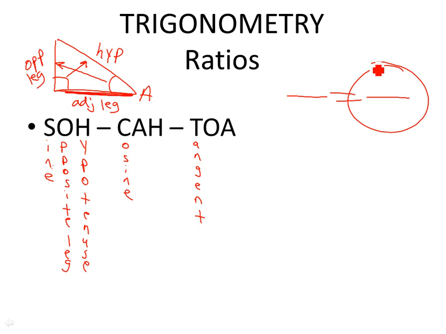What do you think cosine is then? Adjacent leg over hypotenuse. Then what do you think the TOA means?